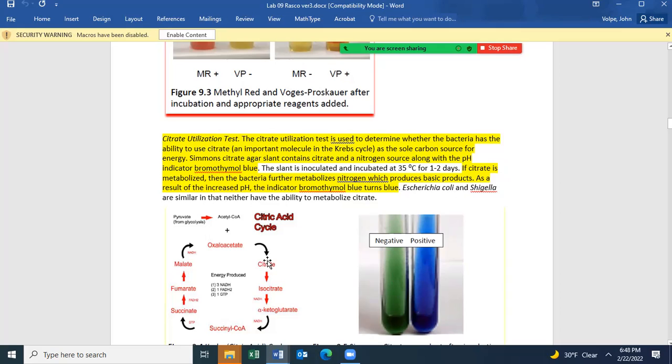If the bacteria can utilize citrate, like in the Krebs cycle, the bacteria will grow in the tube and turn the tube blue. If the bacteria do not utilize the citrate, then the bacteria will typically not grow and the color of the tube will remain green.